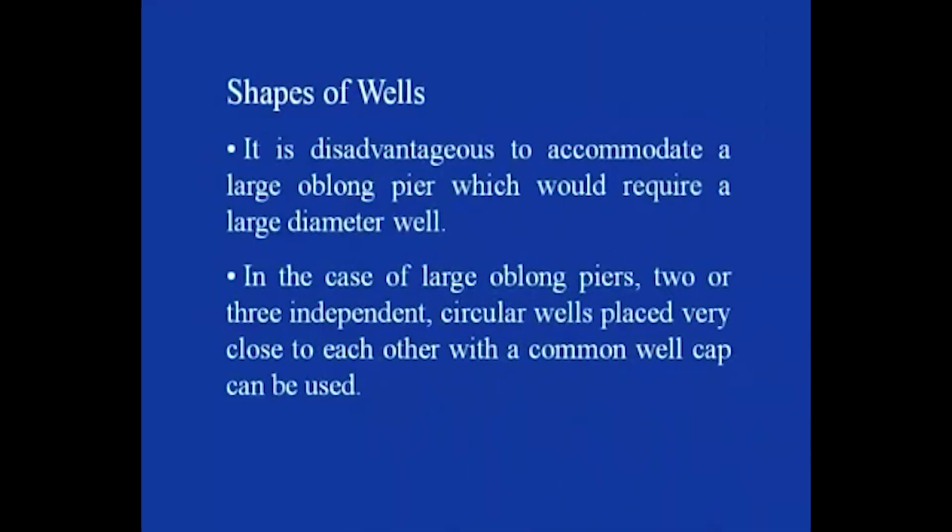It is quite disadvantageous to accommodate a large oblong pier, which would require a very large diameter well. In case of large oblong piers, 2 or 3 independent circular wells are placed very close to each other with a common well cap.